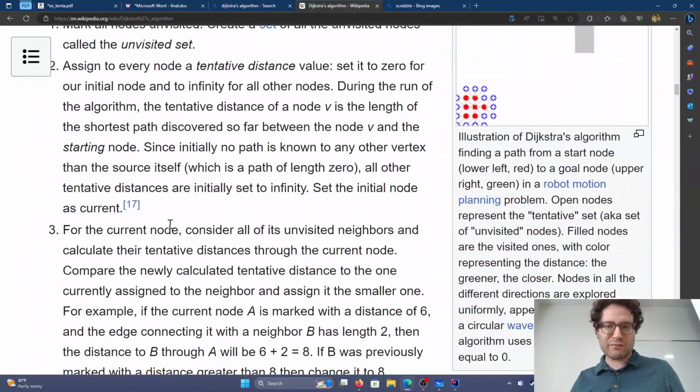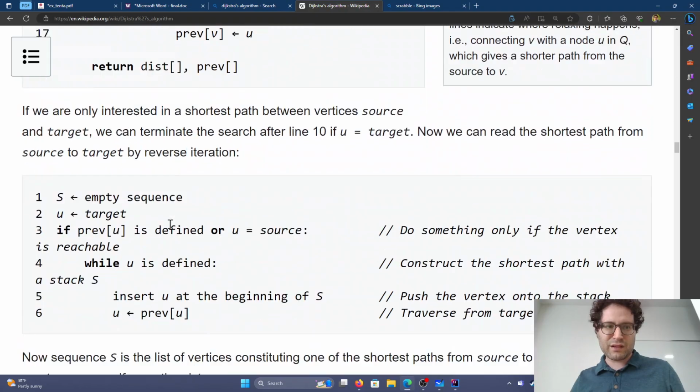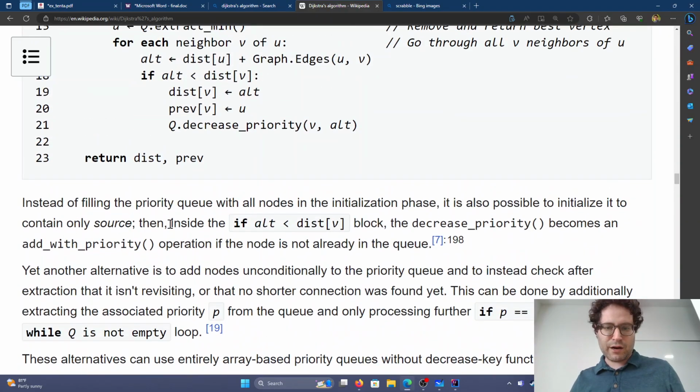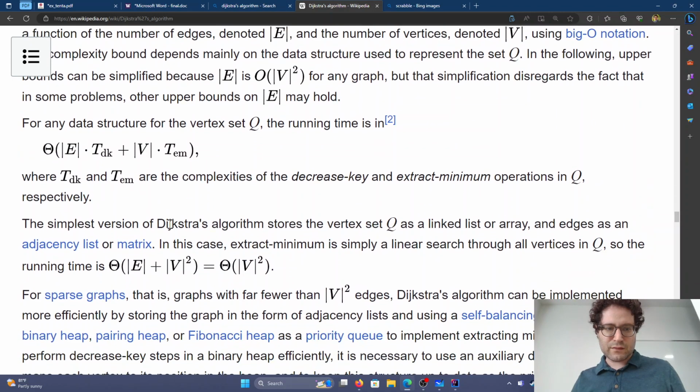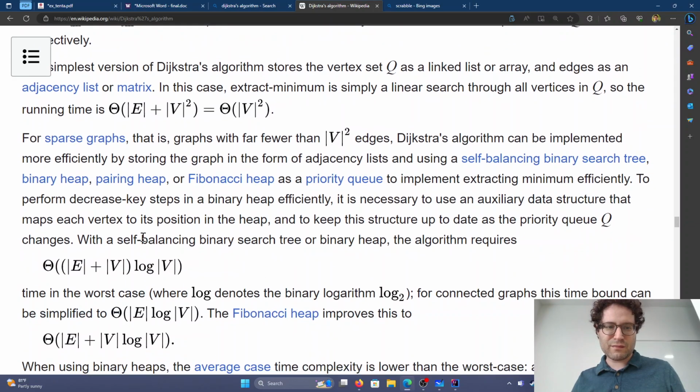So let's see, where is the priority queue? Yep, E plus V log V. For sparse graphs, that would be good. If you use a priority queue, then it becomes E plus V log V, because this log V becomes a lot easier to handle.